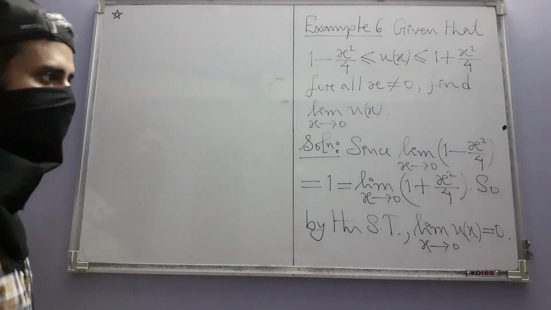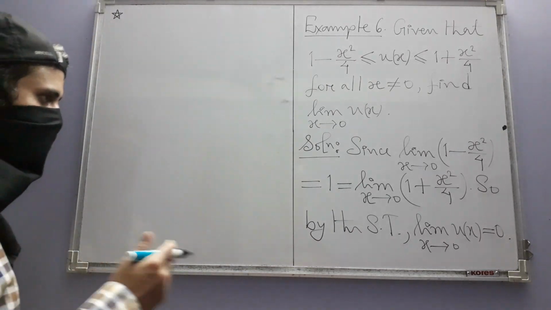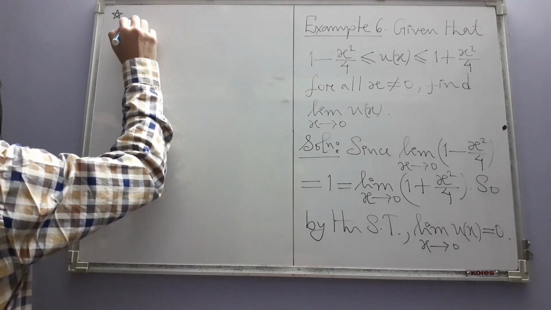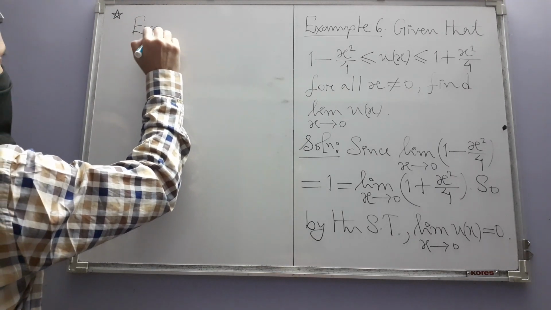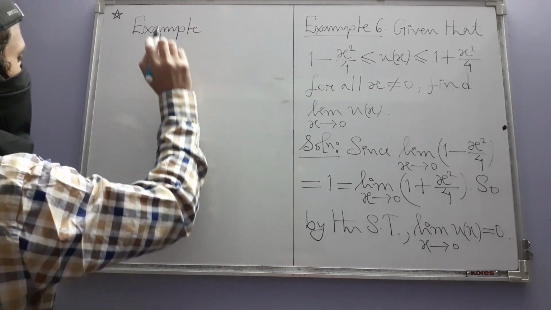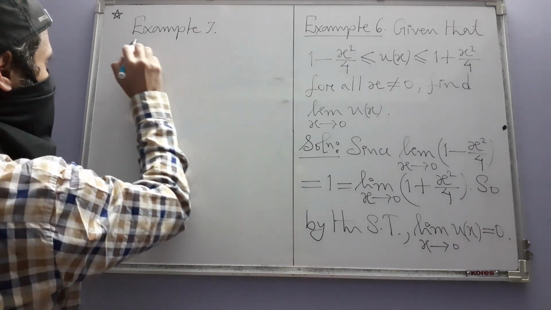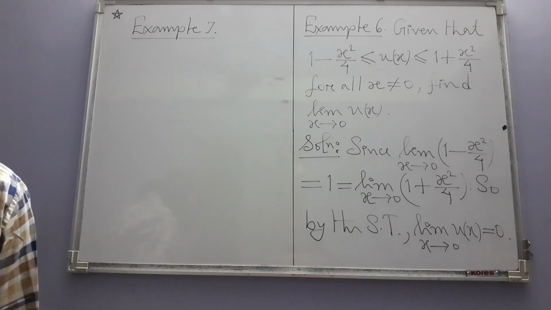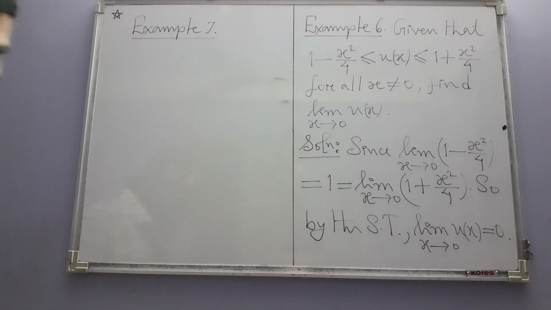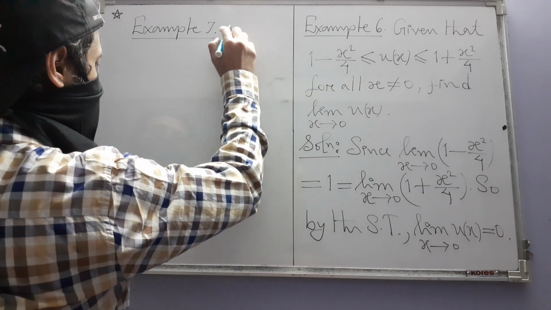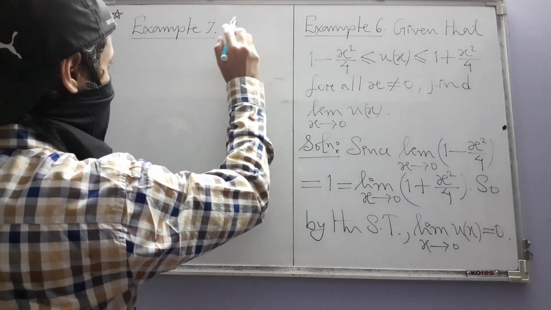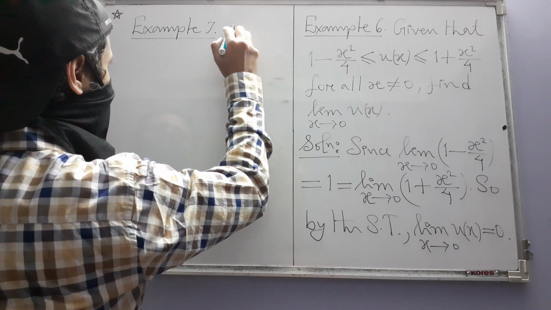But now we are going to see another example in which the functions are concrete, nothing general like this. Example 7. In this example, show that, well, we do have a general function, but it's not about that function itself.